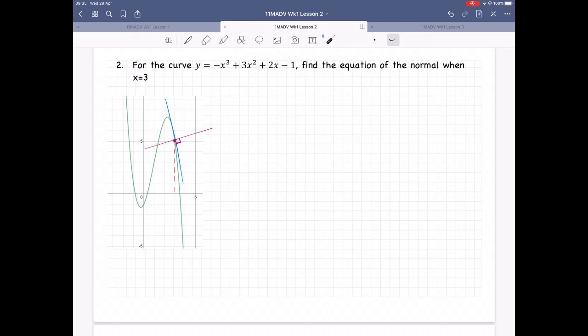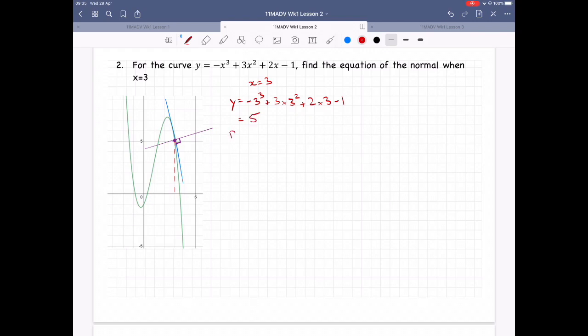So what we need to start with is, if we're looking for when x is equal to 3, then our y value is going to be negative 3 cubed plus 3 times 3 squared plus 2 times 3 minus 1, which means the first two are going to cancel out and we're going to be left with 6 minus 1, which is 5.